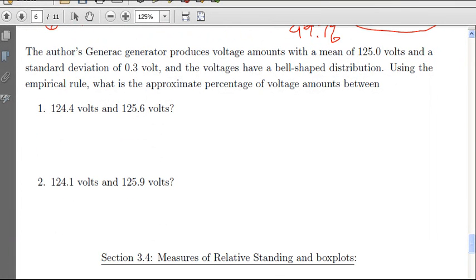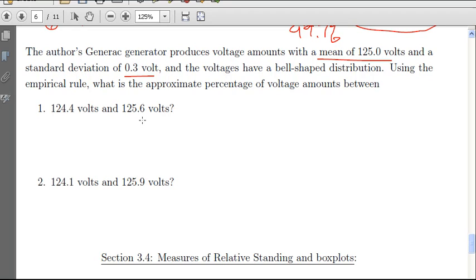We're dealing with a mean voltage of 125 and a standard deviation of 0.3. We want to use the empirical rule to find the approximate percent between 124.4 and 125.6.